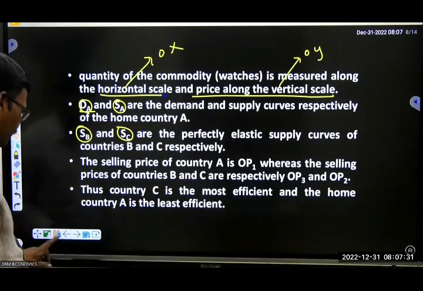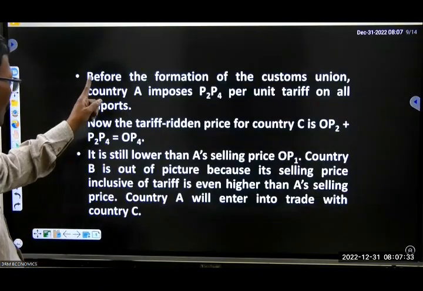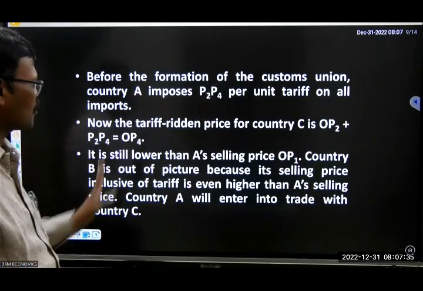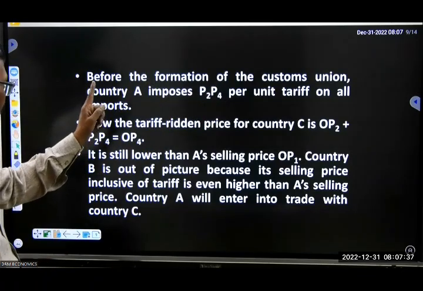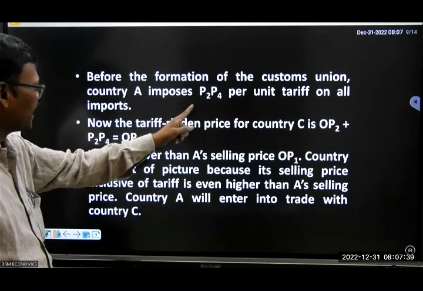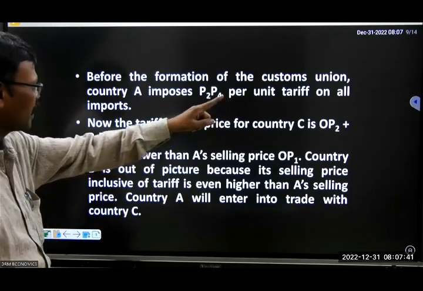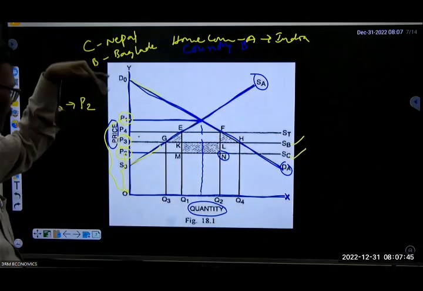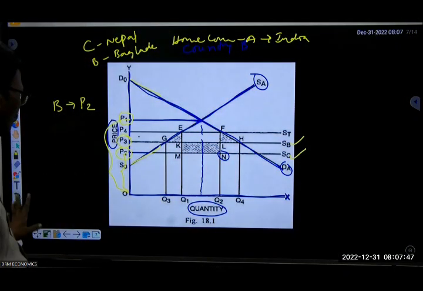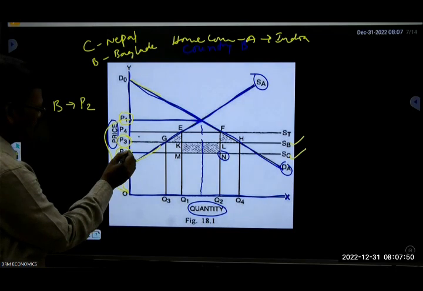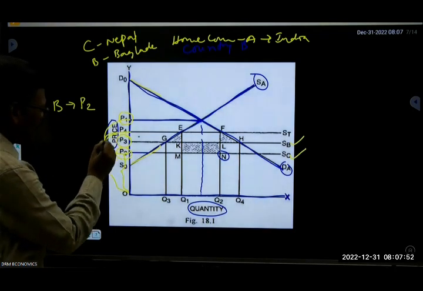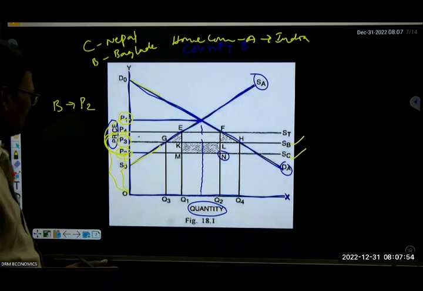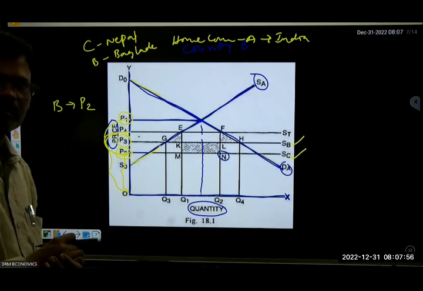Before the formation of the customs union, the country imposes a P2P4 per unit tariff on all imports.